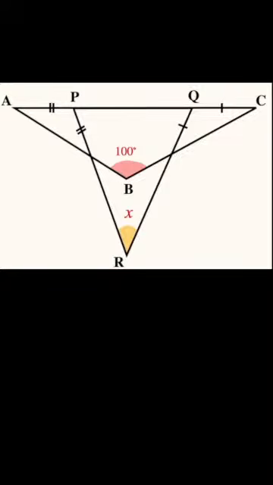Alright guys, we are given a figure. A few of the segments are already marked. You can see they are representing that the side lengths are equal. We are only given one angle, which is marked as angle B, which is 100, and we need to solve for x. Now I'm waiting for the correct answers along with the correct explanation.